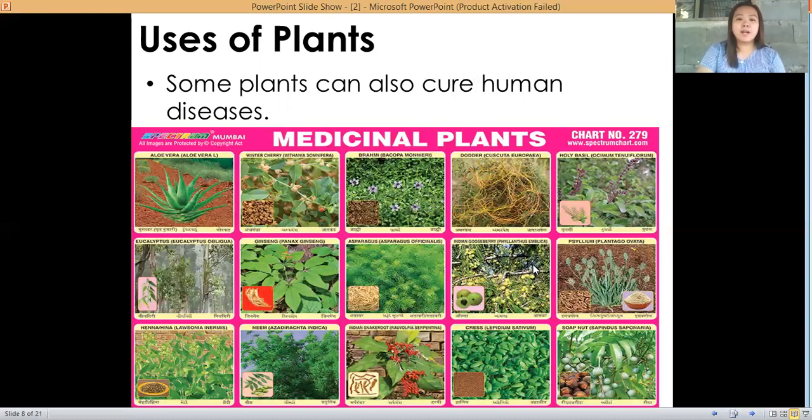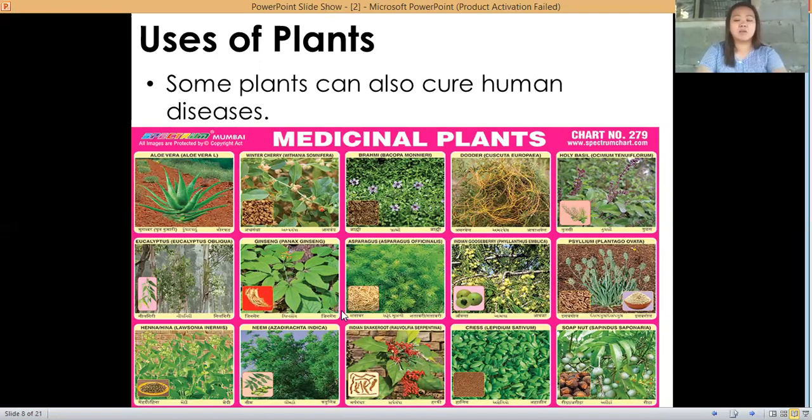Next, some plants can also cure human diseases, like aloe vera. We also have holy basil, eucalyptus, ginseng, asparagus, and guava leaves.